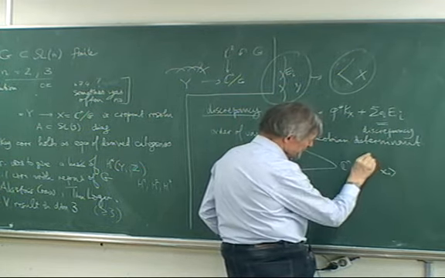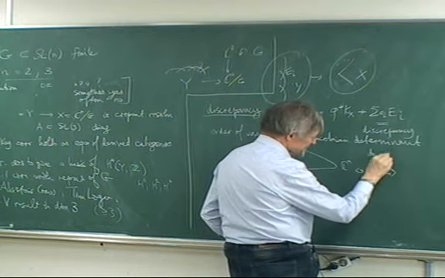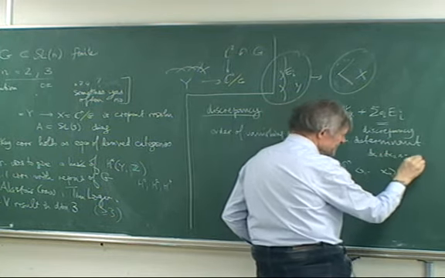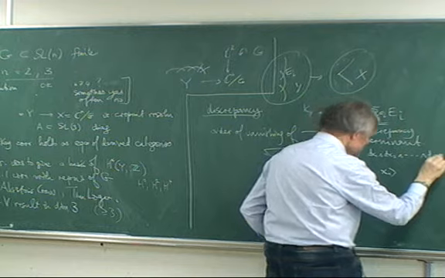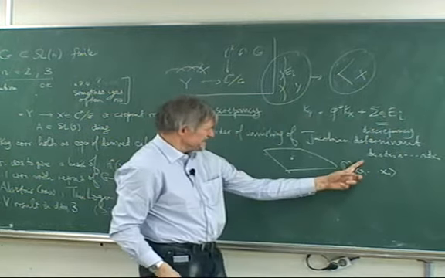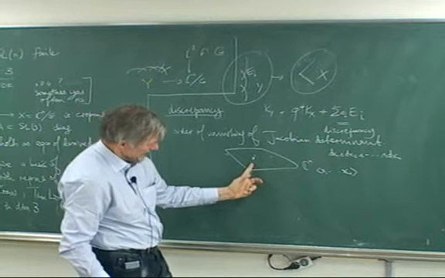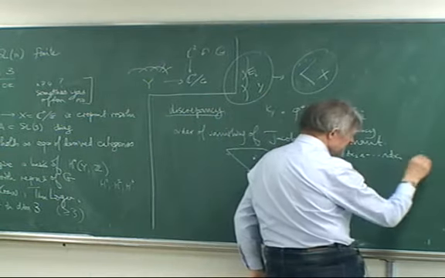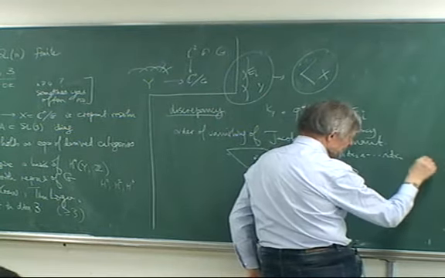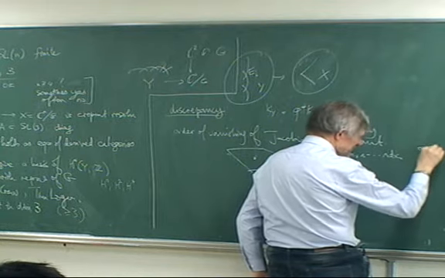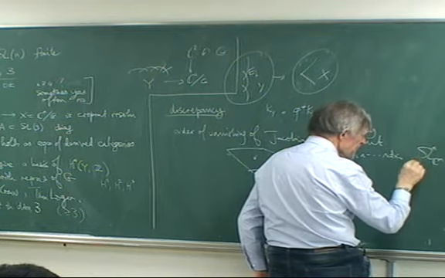If I write down dx1 wedge dx2 wedge up to dxn, then this is a basis for the canonical differentials on C^n, a basis for omega^n of C^n.